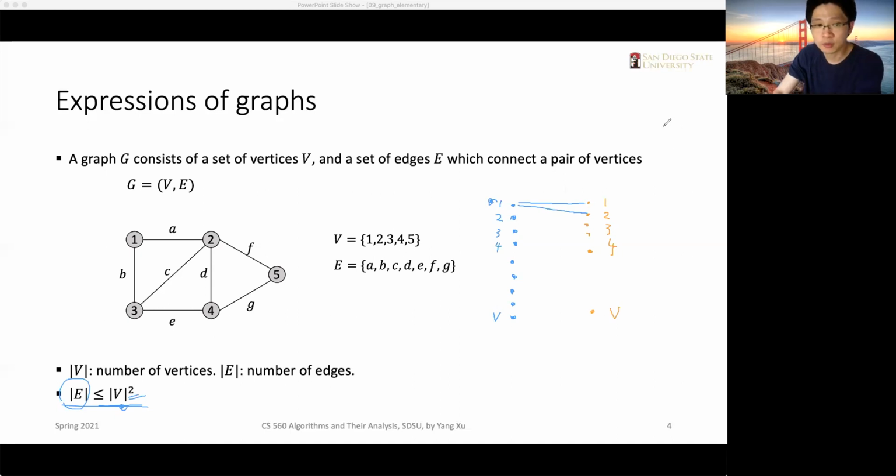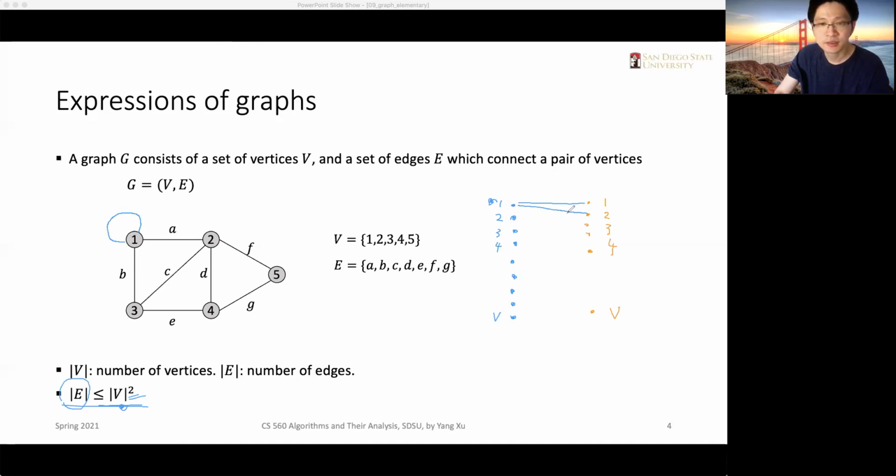Within the graph, if I start from here and then go back to itself, that forms a circle. So if an edge starts from vertex 1 and goes back to vertex 1, then it's also a valid edge, because the two ends are the same vertex. So in that case, this also counts as an edge.